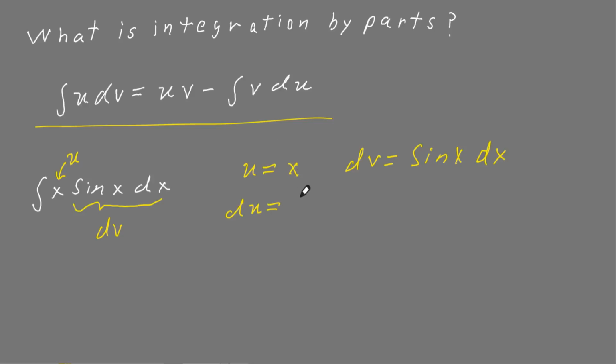And the derivative of x with respect to x is just 1. So that's 1 times dx. And to get v, you just integrate both sides of this, and you get v is equal to the integral of sine x dx, and that's equal to minus cosine x. And when you integrate this to get v, you don't need to add a constant of integration.